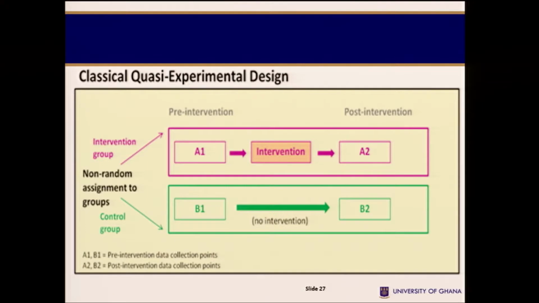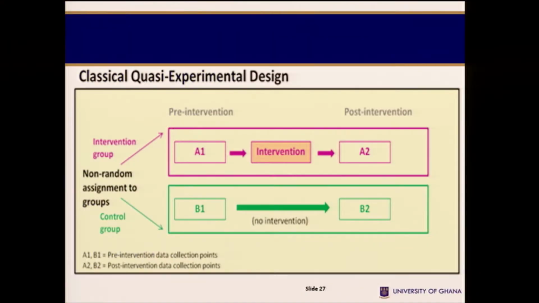Now, this is an example of a classical quasi-experimental design. You start with the intervention group or the non-randomized assigned group. Non-randomized assigned group. That's what tells you that there is no randomization. But something is manipulated in one of the groups.